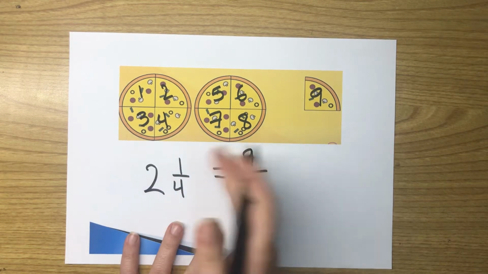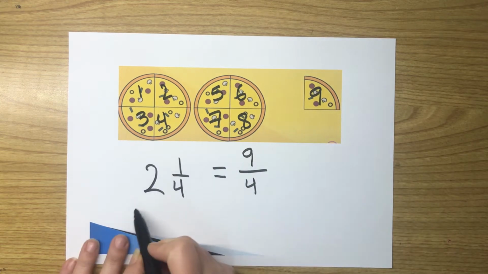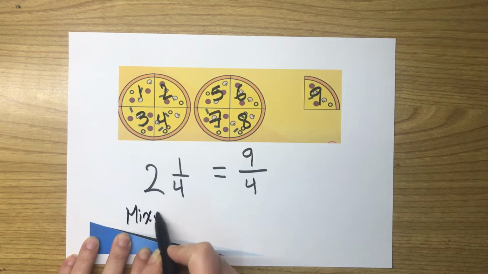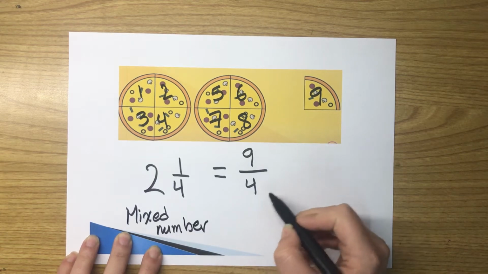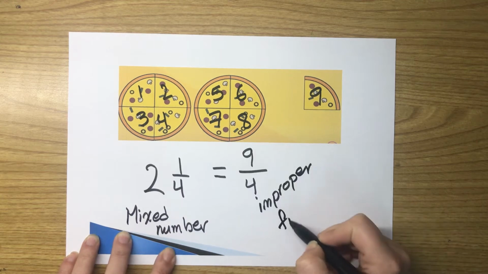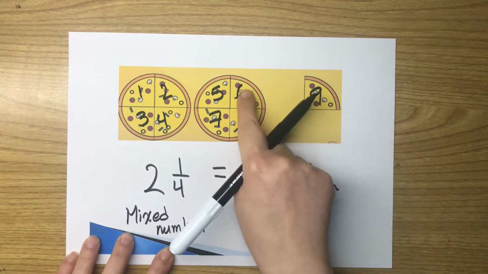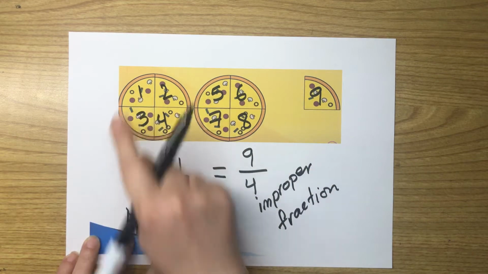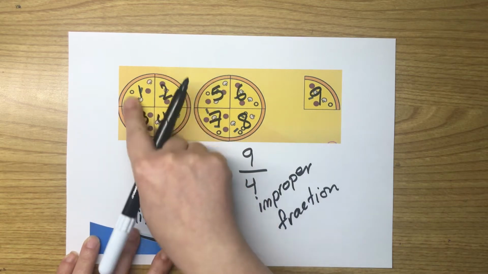Okay, I represented this shape, this diagram, in 2 different ways. This is the mixed number, and here is the improper fraction. For the improper fraction, we count the small pieces, and the denominator must be the number of pieces in one whole.